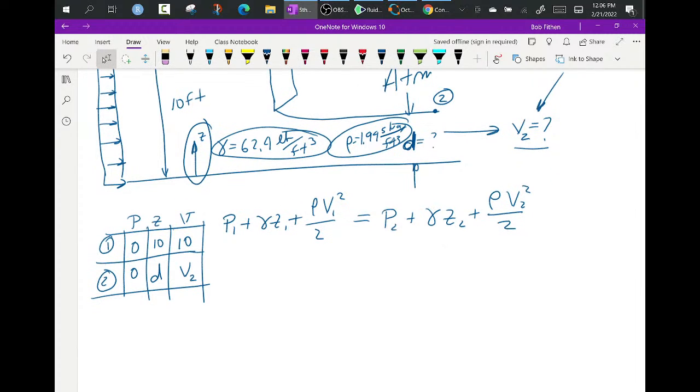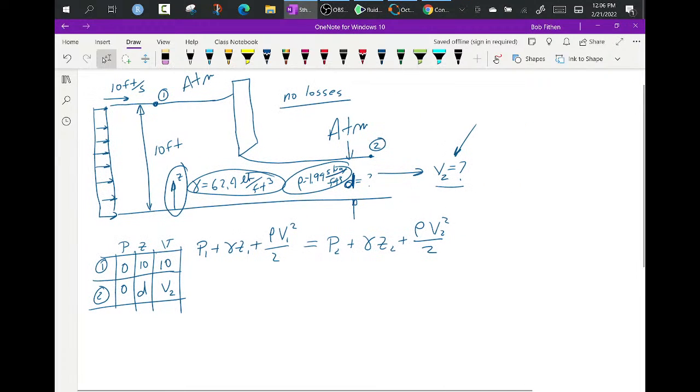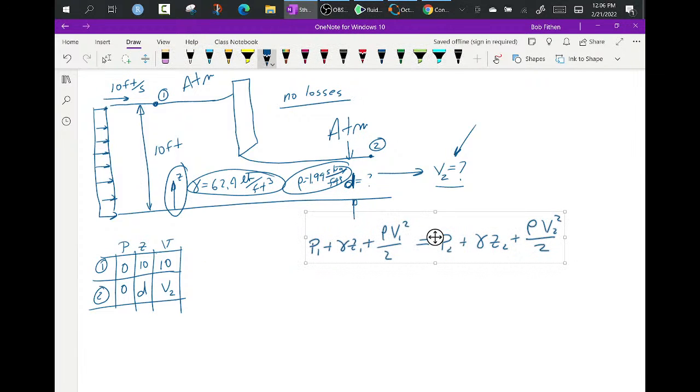So the question is, how do you tie this together? If you think about it, I know everything at 1, so I can calculate that.